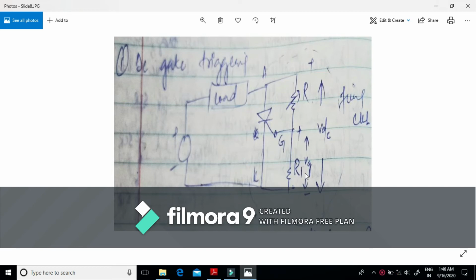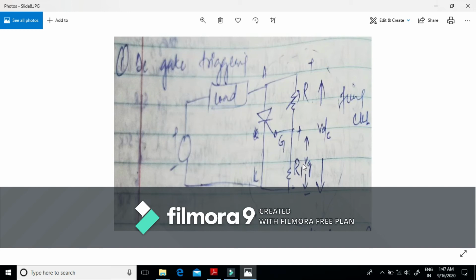This R1 provides the path for the gate current. Both R and R1 are in kilo ohms. Here, if resistance R is high, the voltage drop across this resistance will be high, which may cause less voltage across the resistance R1.